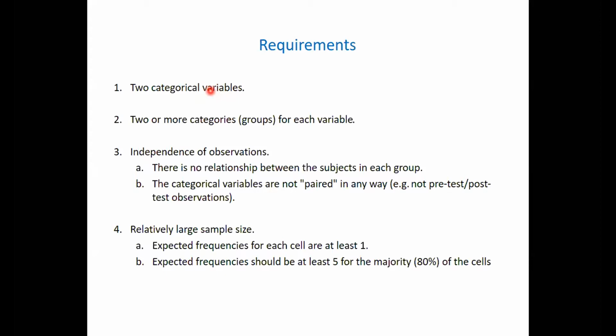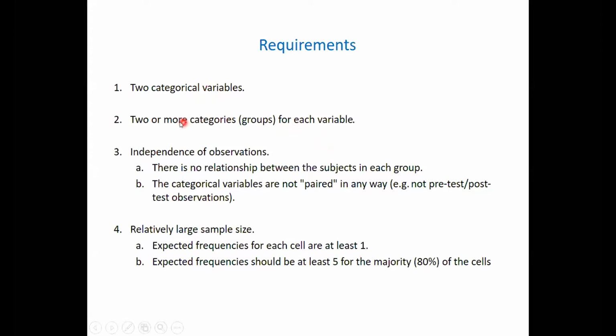It's the blood sugar that is the continuous variable. The category, diabetic or not, hypertensive or not, or your age group, is categorical. So for you to do chi-square, the two variables must be categorical, with two or more categories.